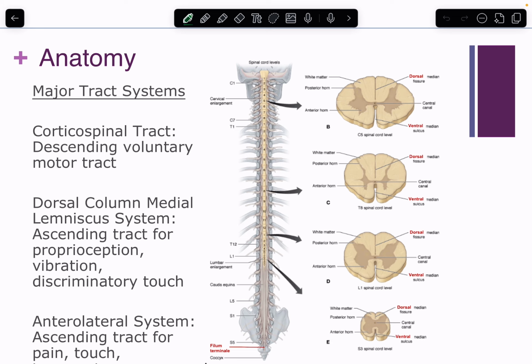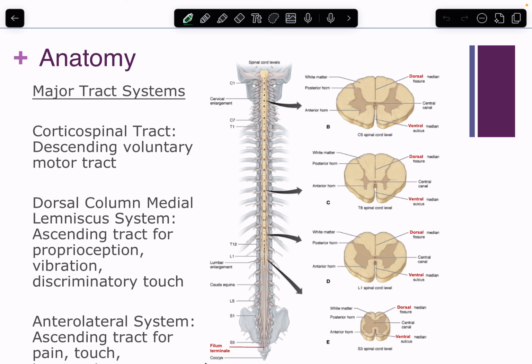In the lower medulla, most of the fibers decussate, meaning it crosses over to the opposite side, forming the lateral corticospinal tract. So this crossing allows each hemisphere to control movements on the opposite side of the body. A smaller portion remains uncrossed, and that's your anterior corticospinal tract.